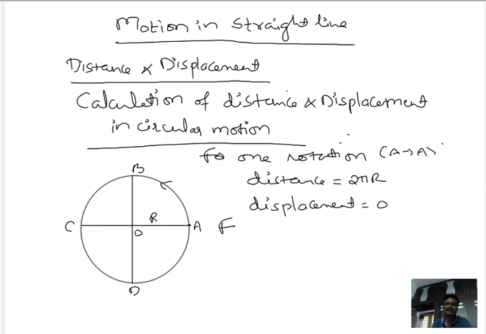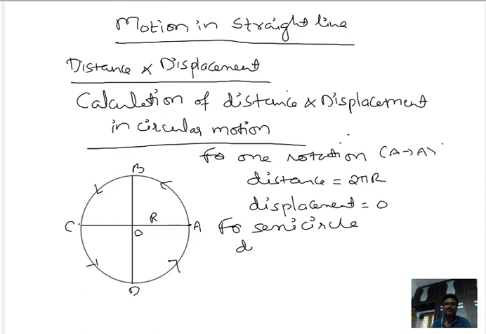Suppose for half revolution, that is A to C, for a semicircle, it is only half of the circle, so the distance is half of the circumference.